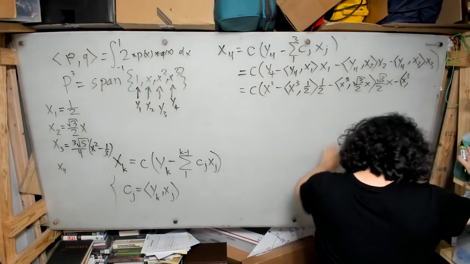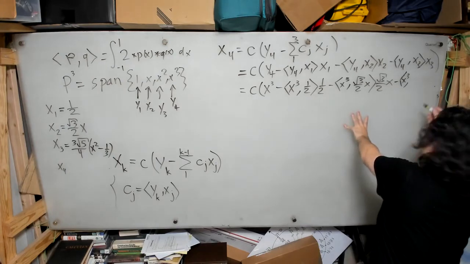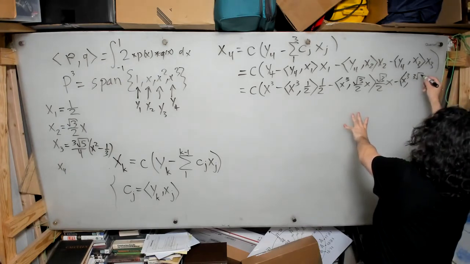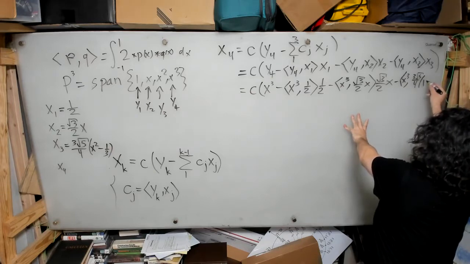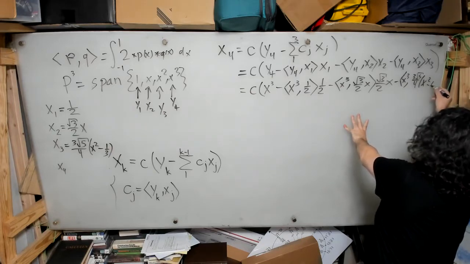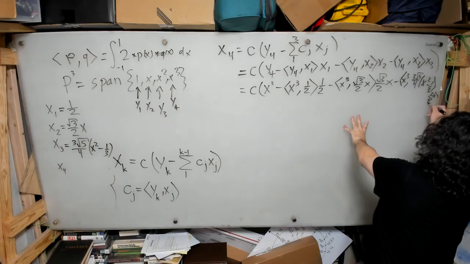Let me just go over here. Oops, sorry about that. 3 square root of 5 over 4 x squared minus 1/3, and then that inner product times the 3 square root of 5 over 4 x squared minus 1/3.